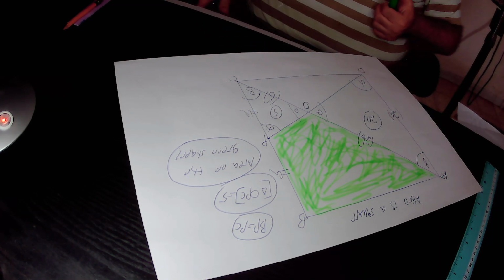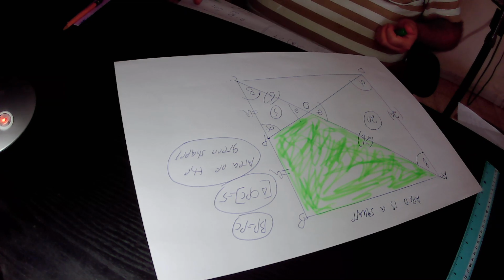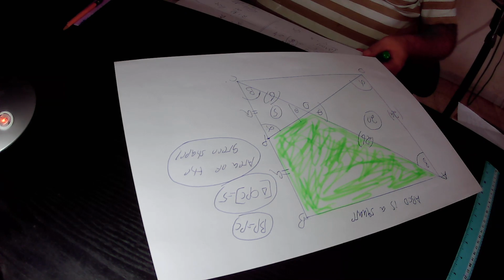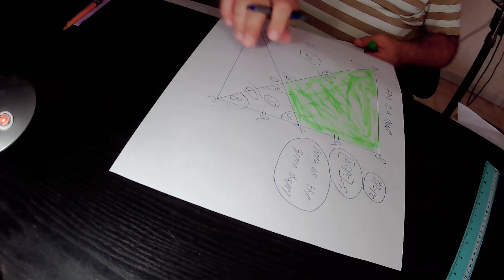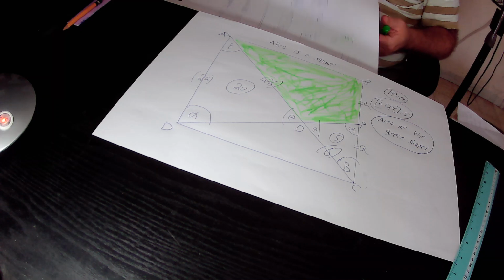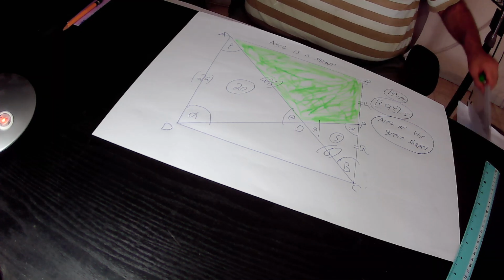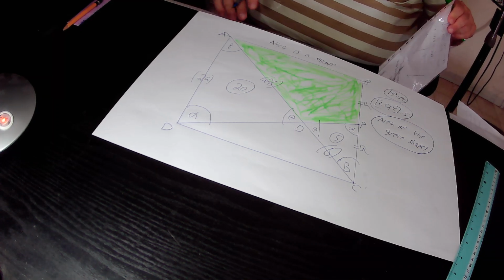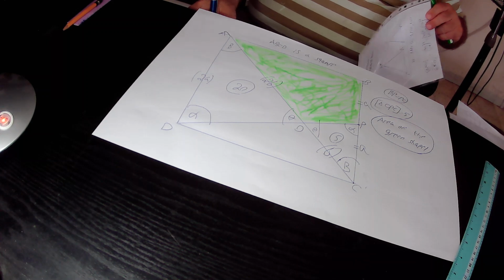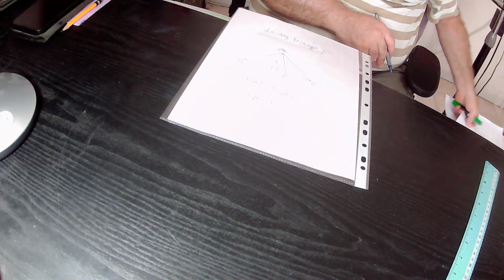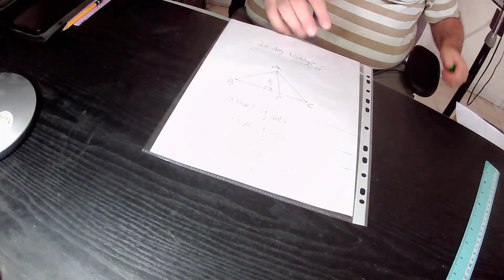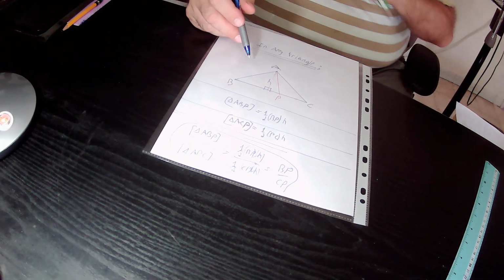Okay. So in the next step, I present to you a new rule, and we will implement the new rule in our drawing. The new rule is true in any triangle, so this is triangle ABC that could be any triangle.